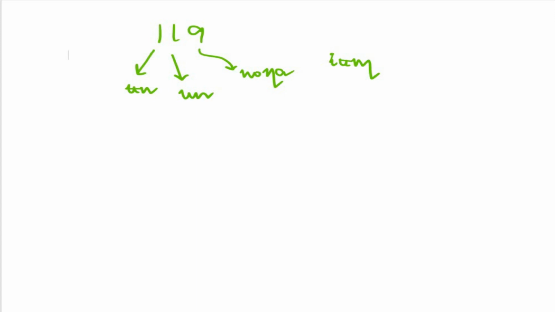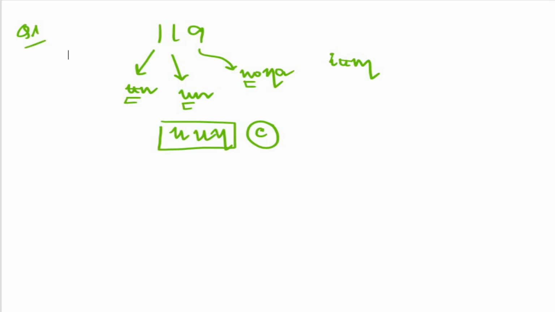So what should we give the abbreviation as? The abbreviation would be the first letter of each, U, U and N. So this would be the correct answer. Answer would be option number C. Right? So this is a very basic question, very, very simple, very flat question.